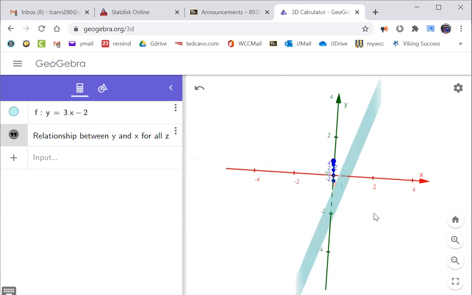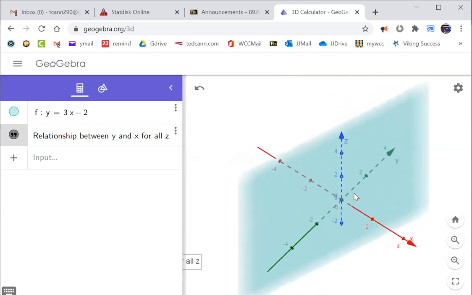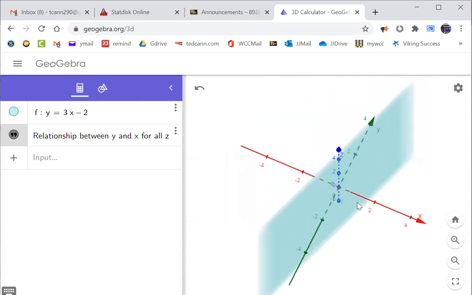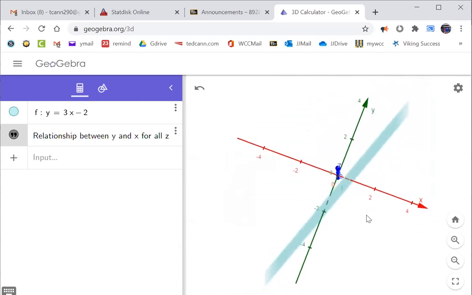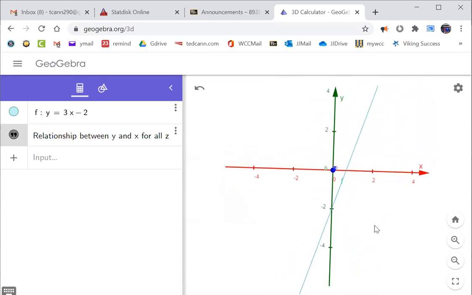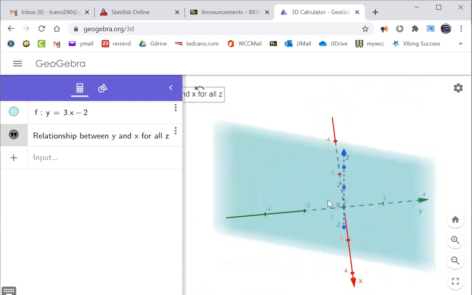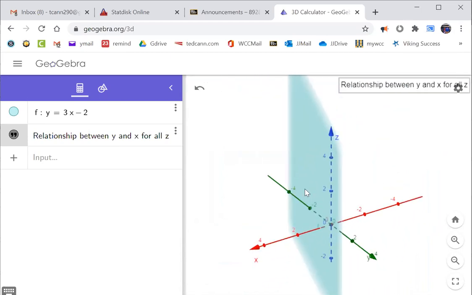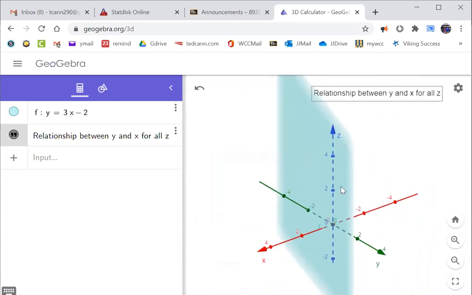But if I change the perspective a little bit, you can see that that is the line y equals 3x minus 2, but with an infinite amount of height and depth. So that's really what's going on here. And so I have my little label there that shows that this is giving us that and only that relationship.